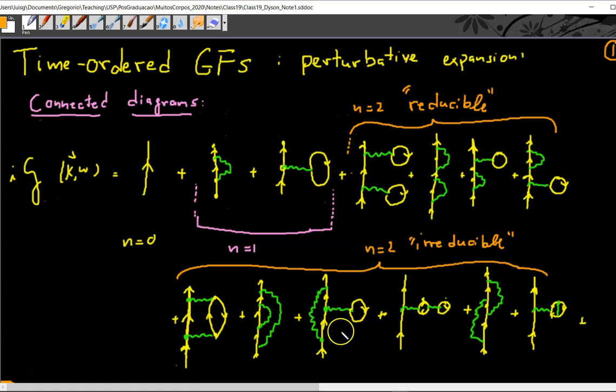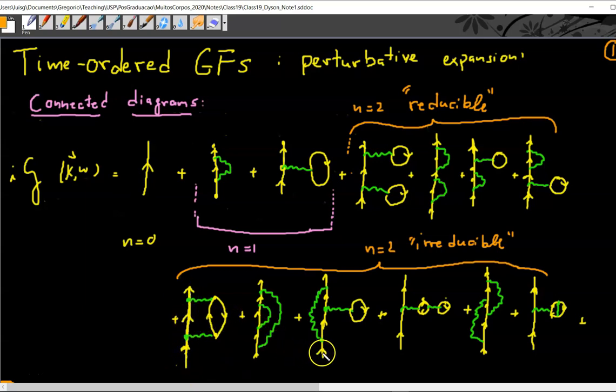So this cannot be done. And so these are sometimes called the irreducible diagrams, and that's going to be important for us. For second order, these are the 6 irreducible Feynman diagrams with 2 interacting lines and 5 propagating lines. Notice again, in all these I have 5 propagating lines. You can count, for instance, here I have 1, 2, 3, 4, 5.